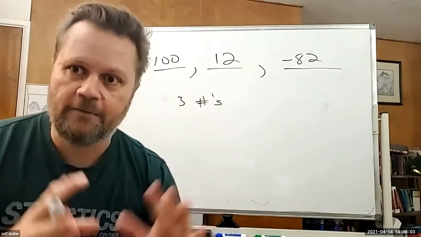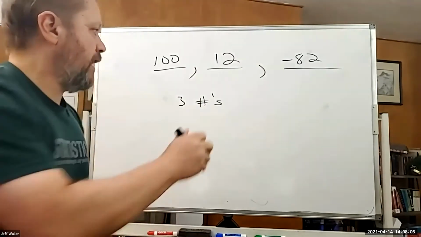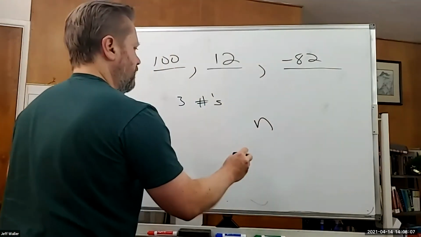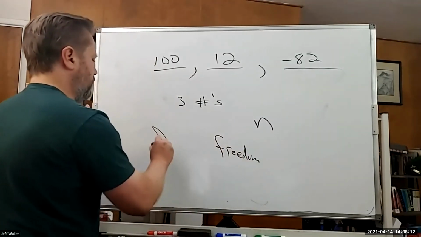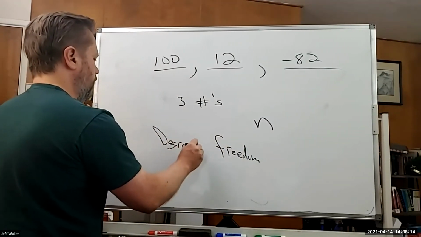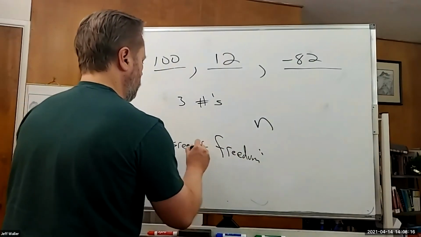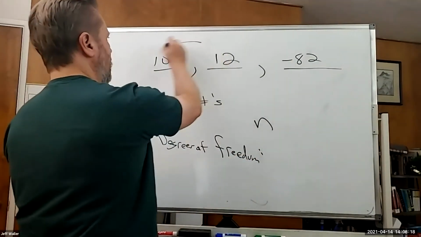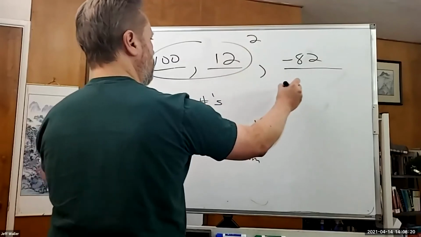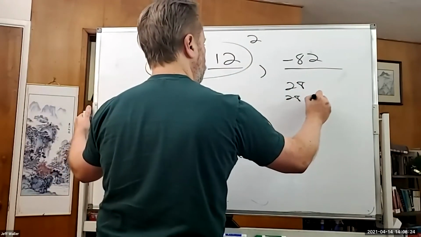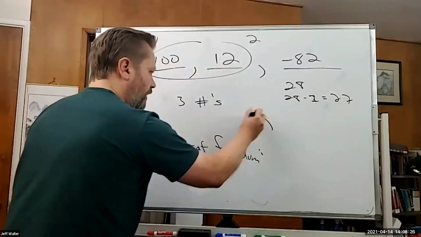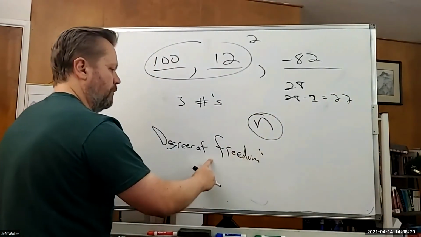So if I have n numbers, how much freedom, which we'll call degrees of freedom, do I have? With 3 numbers, I had a freedom of 2. With 28 numbers, I had a freedom of 27. So with n numbers, how much freedom do I have?